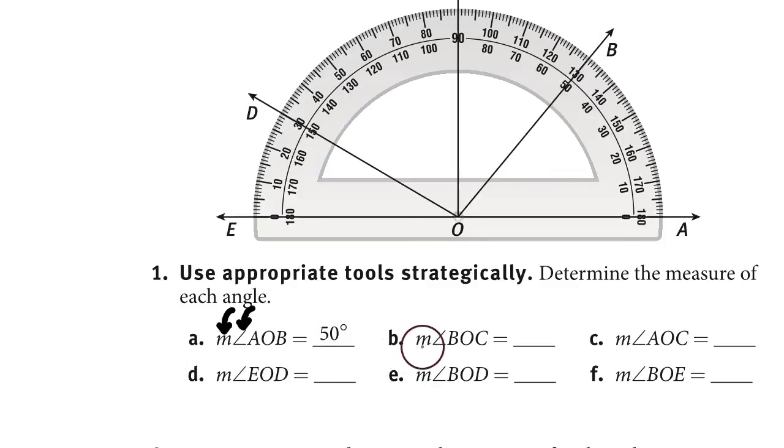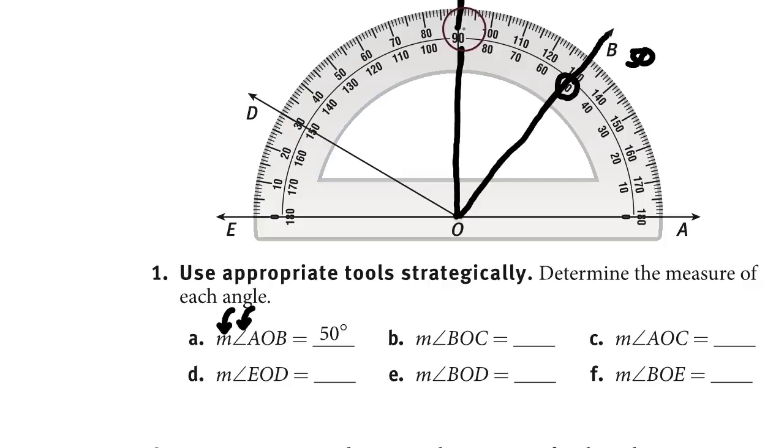Question B, find the measure of angle BOC. So start at B and go along the segment until you get to O, and then bend the corner and head to C. B is at this number right here, which is 50.